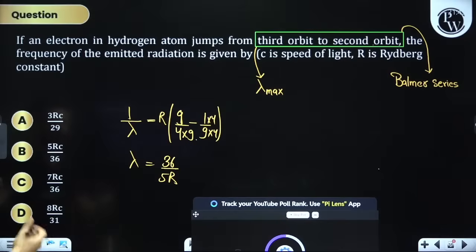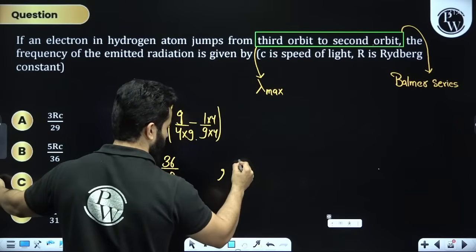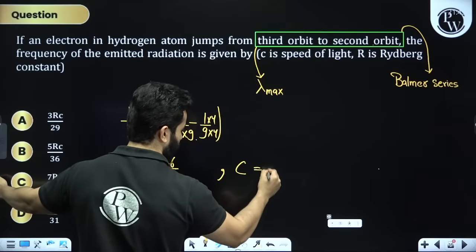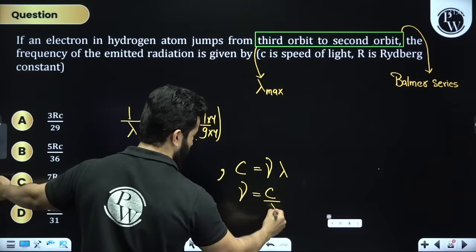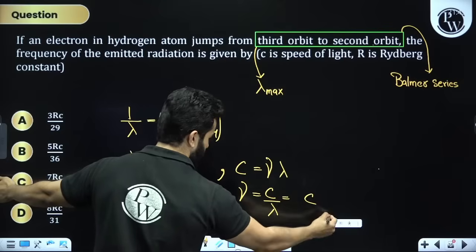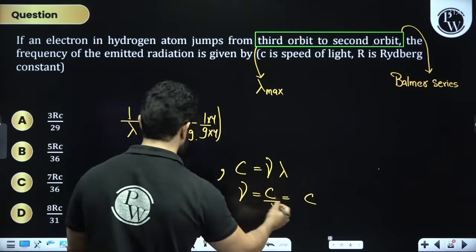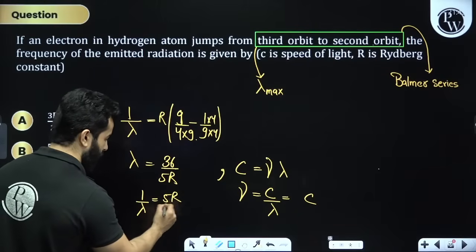Please remember v is equal to c divided by lambda, and 1 upon lambda is 5R by 36.